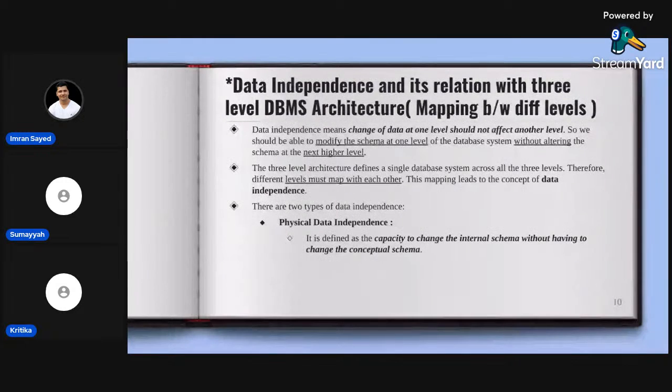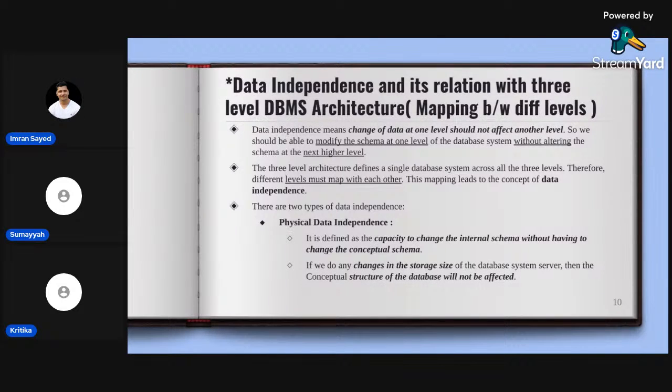It is defined as the capacity to change the internal schema without having to change the conceptual schema. Same thing: if you make any change in the storage size of the database system, then the conceptual structure of the database will not be affected. Here they are using schema, here they are using storage size.